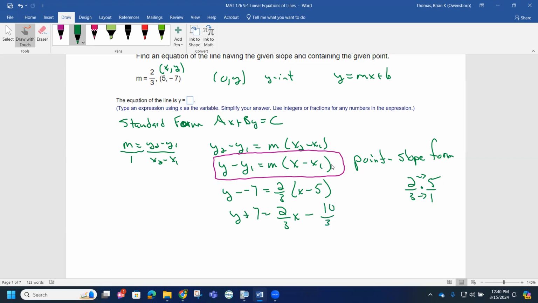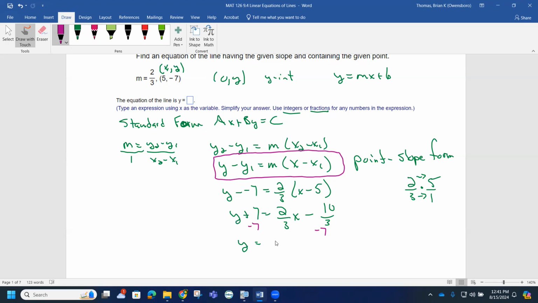And it looks like they want us to leave the answers either in integers or fractions, so they don't want us to change anything to decimals or mixed numbers. The only thing we really need to do now is bring the 7 over to the other side. So we have y equals this, and I have to subtract a 7 from both sides.